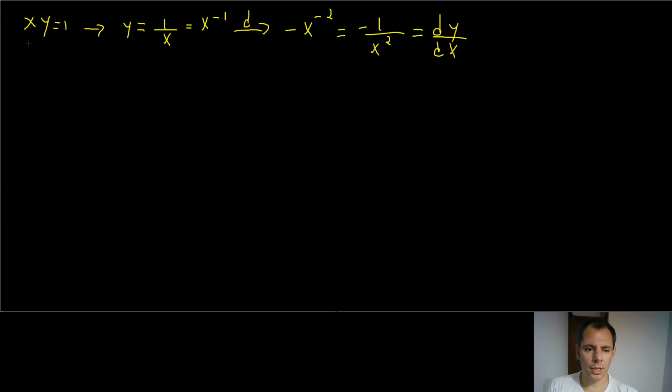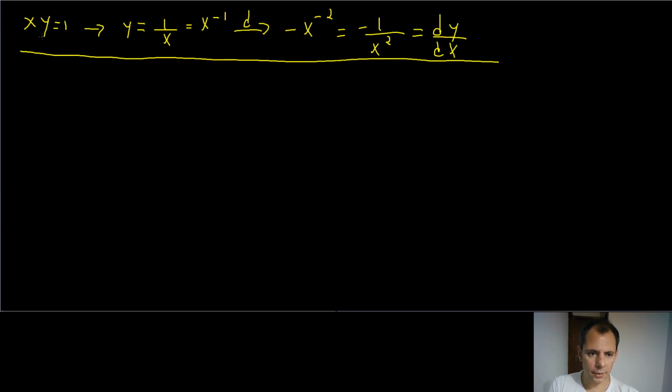So here's what you can do. I'm going to do the same thing, but with implicit differentiation. You are differentiating these two with respect to x. So this is the product rule. I'm going to differentiate the first one, which is just 1, and repeat the second, y, plus.